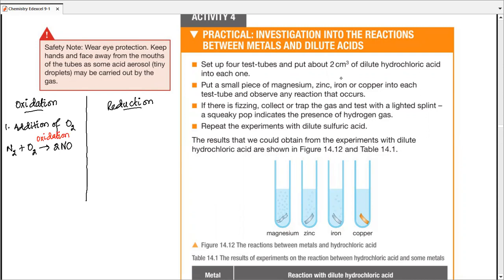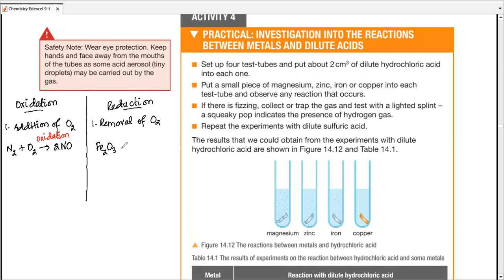Now, in order to further explain, the exact opposite was reduction, removal of oxygen, or taking oxygen out. Different words may mean the same thing and actually may explain the same definition. So let's say something has oxygen in it and we remove or take it out.